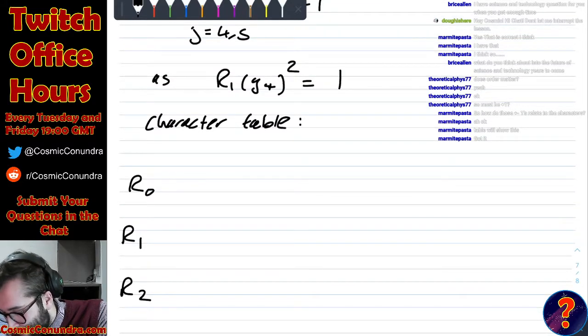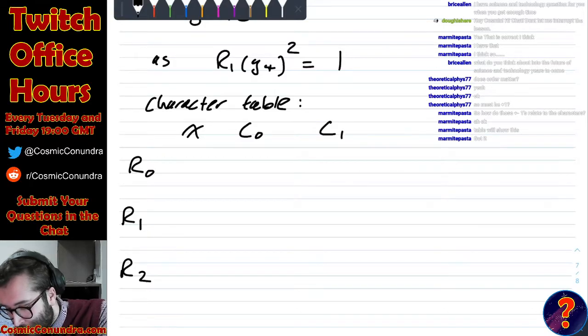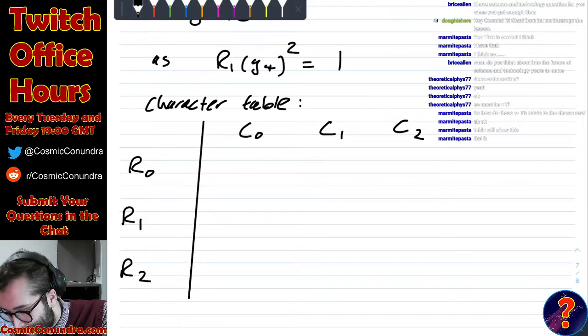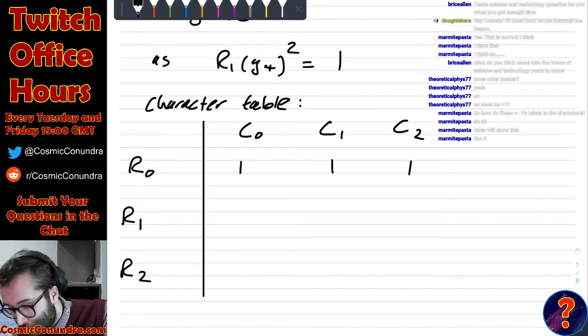Okay, so looking at the characters, how should I draw this out? So these are the values of the characters for the 0th class, the first class, and the second class. Okay. Well, yeah, so the things I'm drawing in the table are the characters. So for the trivial representation, everything is mapped to 1. Therefore, all the characters are just 1.